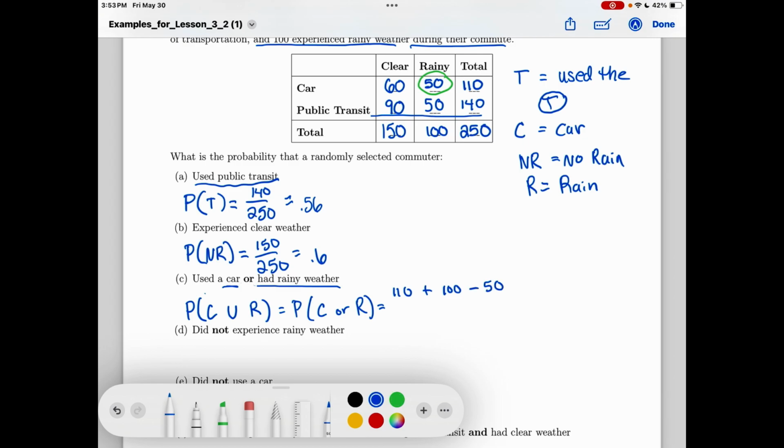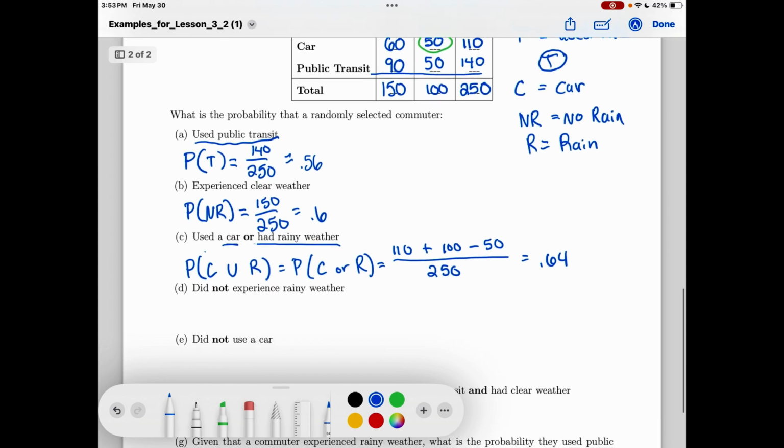So I need to subtract off 50 and then divide by the total that we have, which is 250. Now, when I take 110 plus 100 and I subtract 50, and then I divide by 250, that's going to give me 0.64.